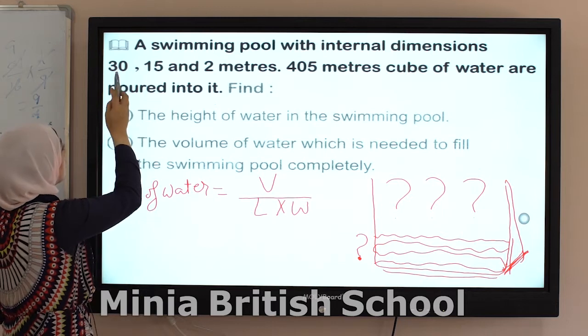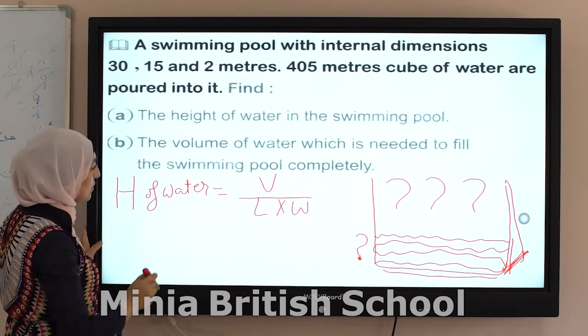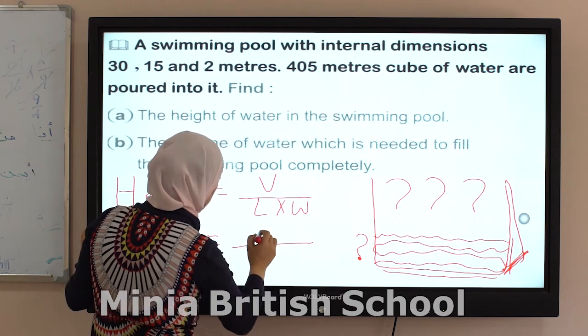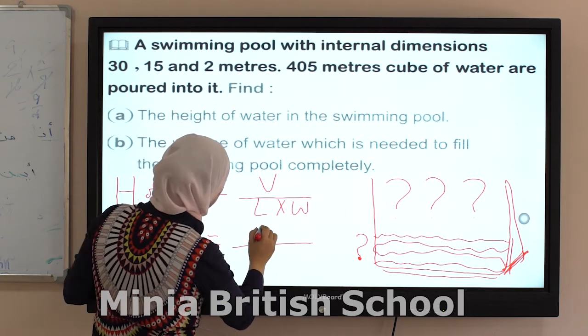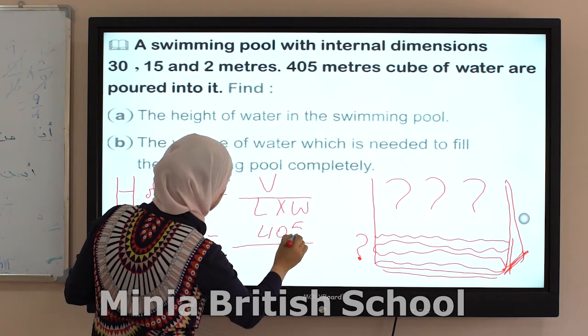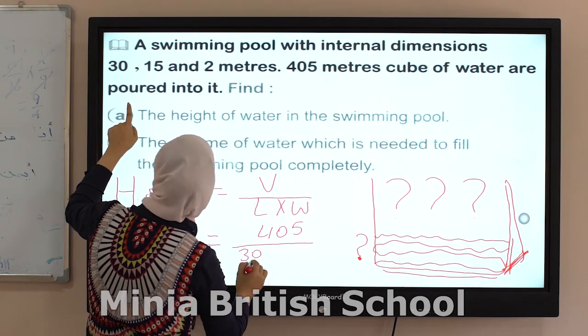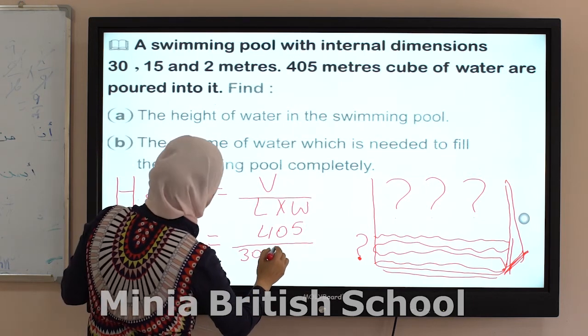So I'll use this length and width, okay? So here, the volume, 405, over the length which is 30 and width which is 15.